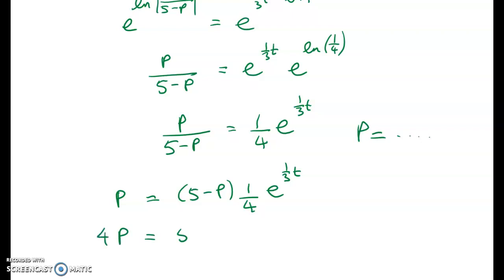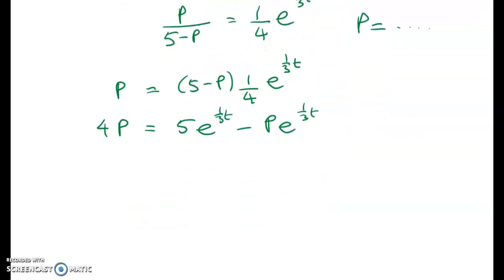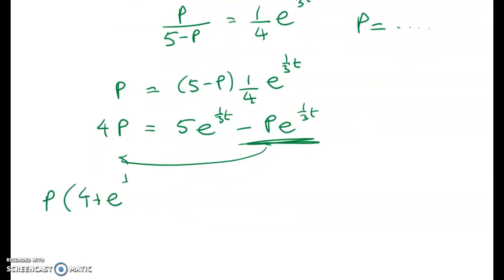So let's do 4p is equal to 5 e to the 1/3 t minus p e to the 1/3 t. Gathering up the stuff with p in it on this side gives me p into 4 plus e to the 1/3 t is equal to 5e to the power of 1/3 t.